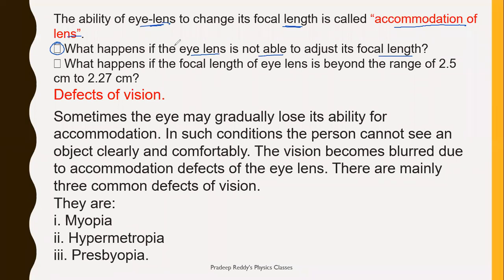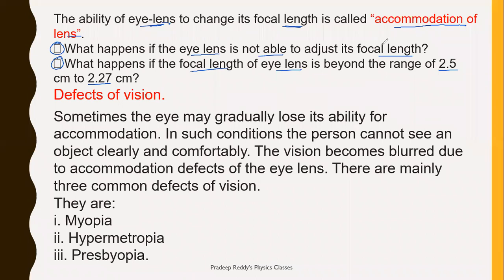And another question is, what happens if focal length of the eye lens is beyond the range of 2.5 centimeter to 2.27 centimeter?